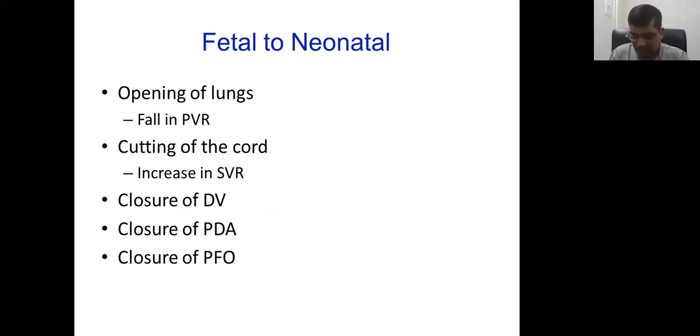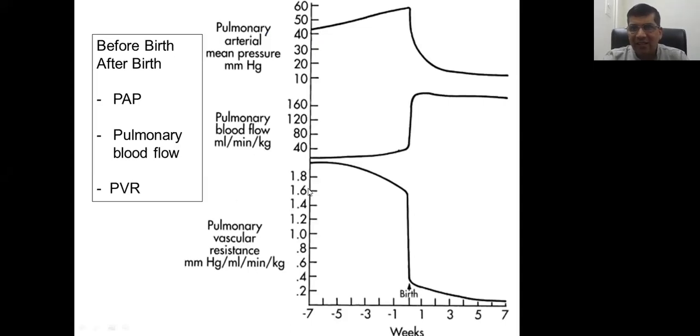If this normal phenomenon doesn't happen, then there will be persistently high pulmonary vascular resistance. Physiologically, there is a sudden increase in pulmonary blood flow at the time of birth. Here the x-axis shows the fetus and after birth, and the y-axis shows pulmonary pressure, pulmonary blood flow, and vascular resistance.